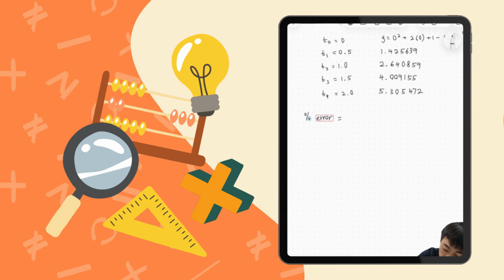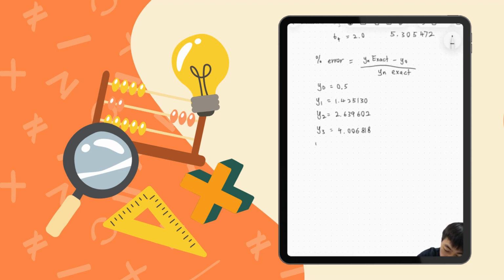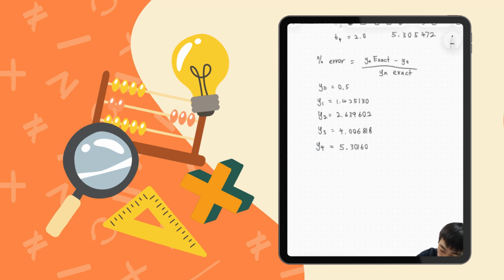And now we want to find the percentage error. The formula is equal to the exact y minus the approximate y, over the exact y. For the approximate values, y0 equal to 0.5, y1 equal to 1.425130, y2 equal to 2.639602, y3 equal to 4.00681, and y4 equal to 5.301604.